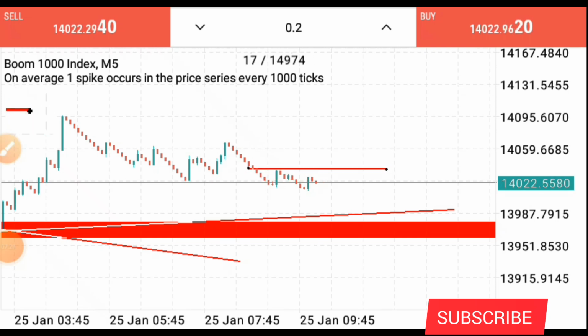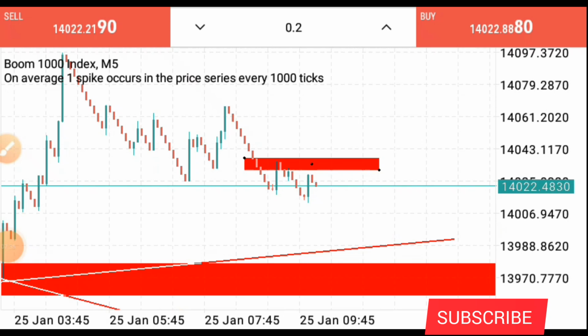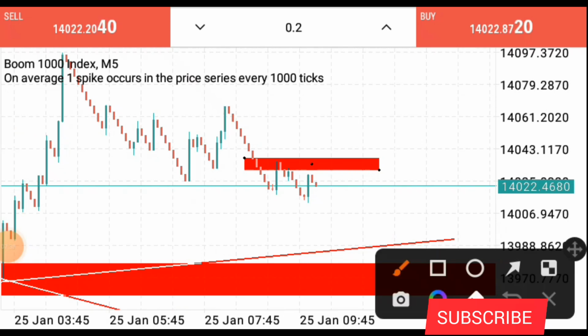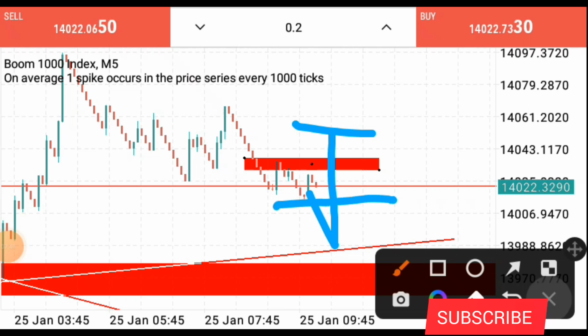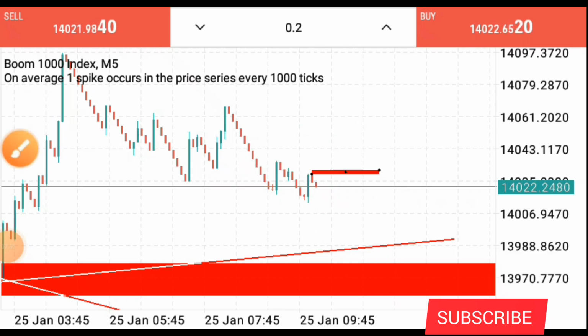Either mark the tip here, right, and then I'll wait for spike to break above it, right? Whenever price spike break above this, then I'll take my entry. My stop loss is going to be below this, or I'll use this method for my entry.